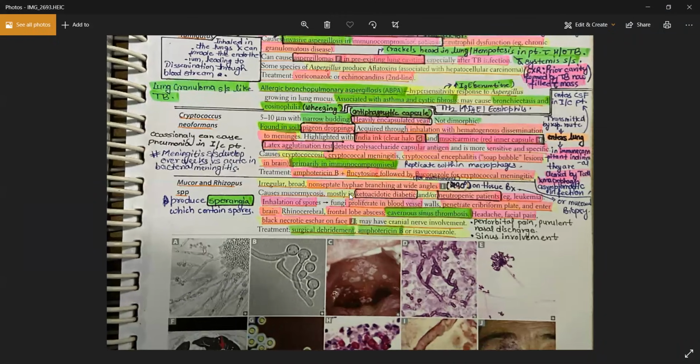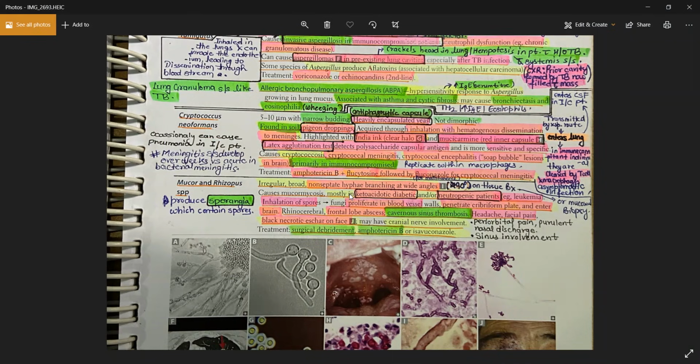Okay, so now the Cryptococcus neoformans, and just like your Aspergillus fumigatus, it is also a monomorphic fungus, not a dimorphic fungus. But unlike the Aspergillus, it exists in the yeast form, not a mold form. Okay, and you need to know a very specific property of this yeast. It is a very highly capsulated yeast.